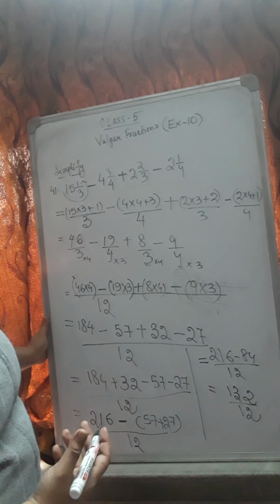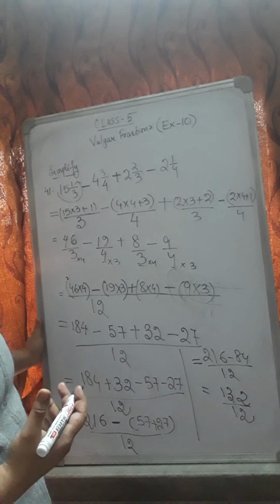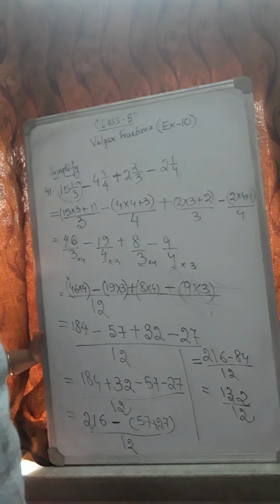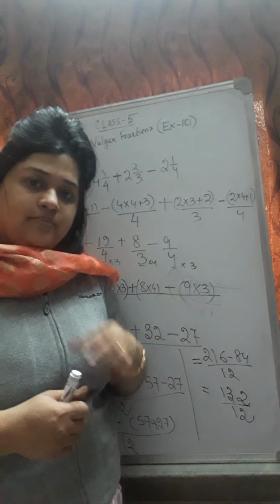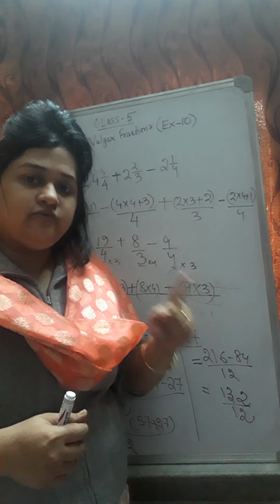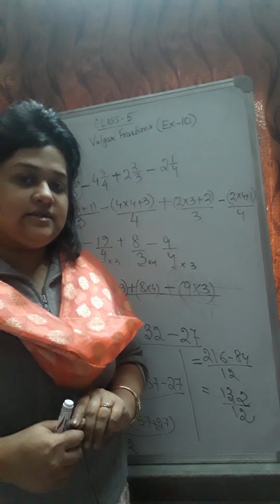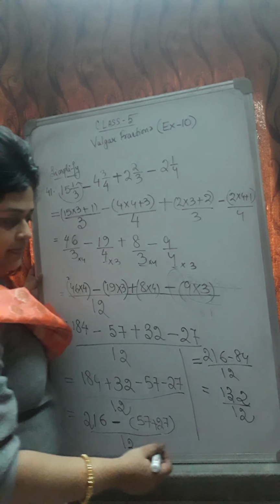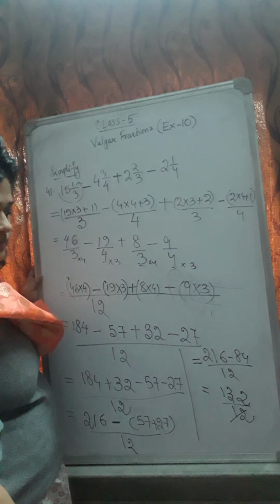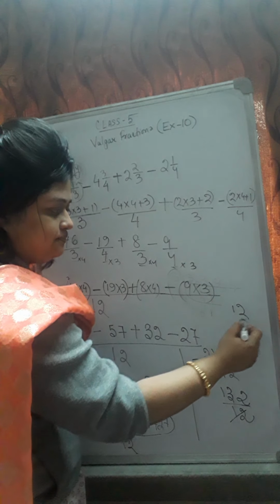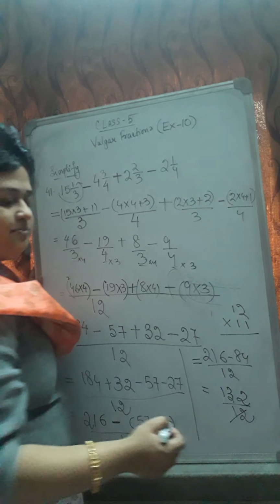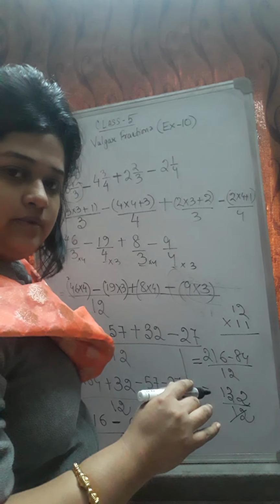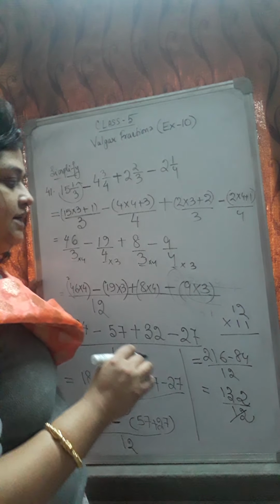But before changing into mixed fraction, you need to check and try whether they can be reduced to lowest term or not. So before changing any improper fraction to mixed fraction, first check whether they are divisible by a same number or not, whether they can be reduced to the lowest term or not. So 12 into how much gives you 132? 12 into, students, please learn the tables till 20.